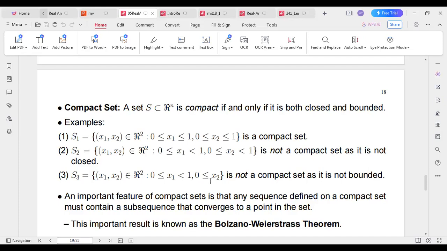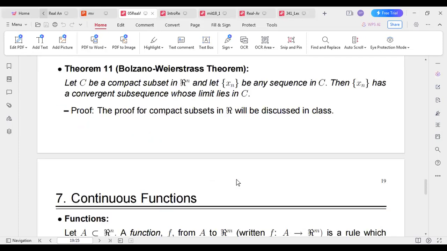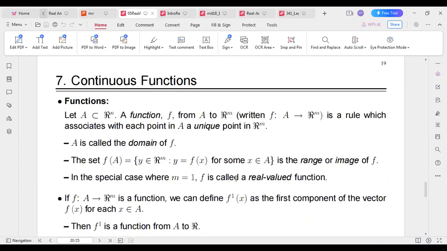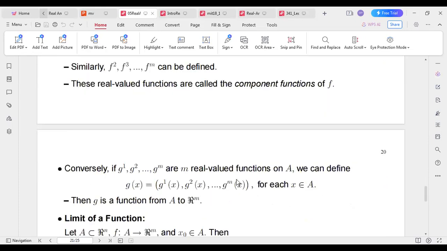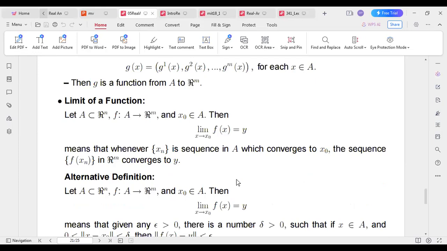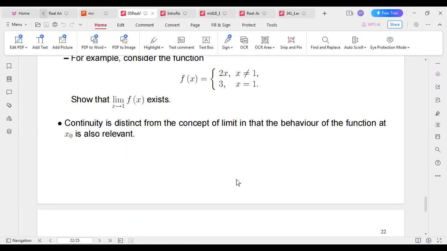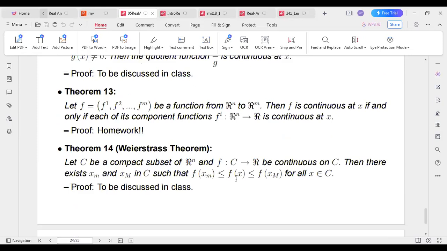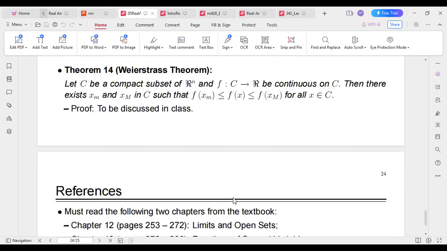So these are the examples of compact sets, and we have discussed this proof.